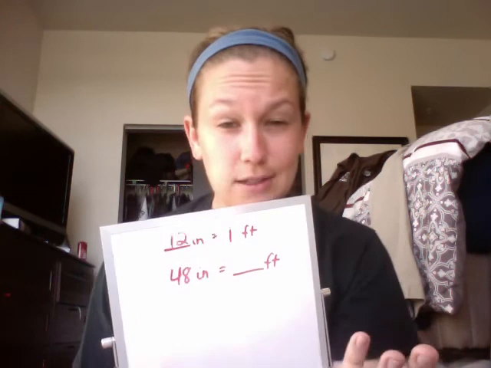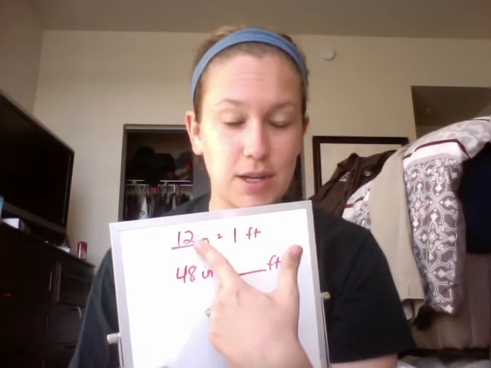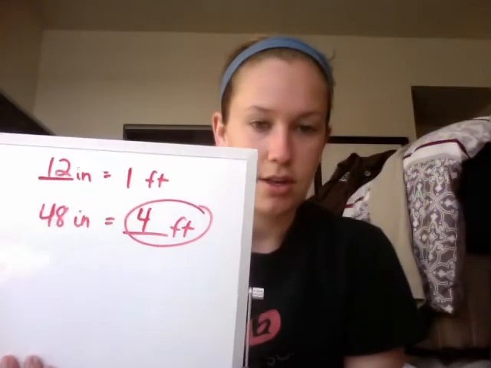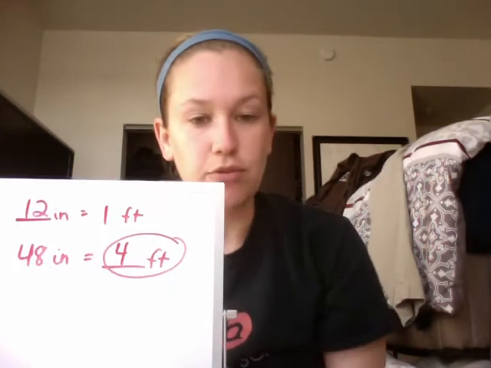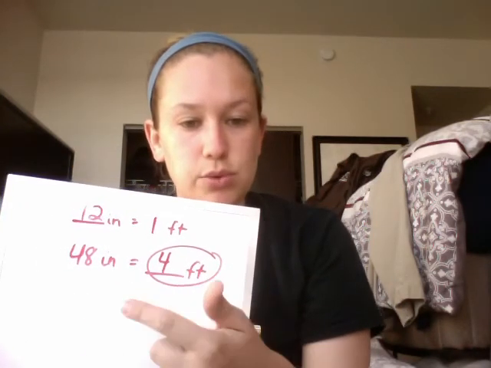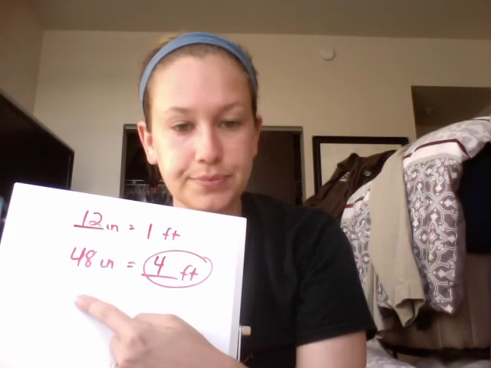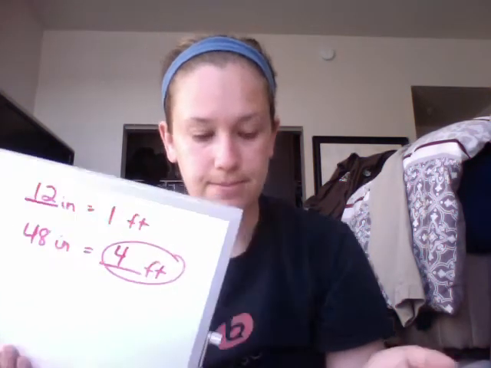This is math facts. You should know 48 divided by 12 is 4. So that is your answer. When we're going from a bigger unit to a smaller one, we multiply. When we're going from a smaller to a larger, we divide. It's a standard rule of thumb.